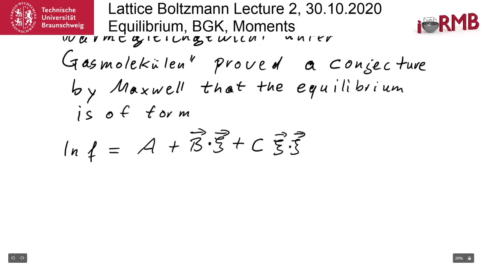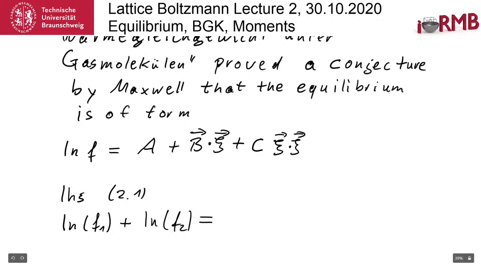Okay, so take the left-hand side of 2.1, and this is the logarithm of f1 before collision plus the logarithm of f2 before collision.